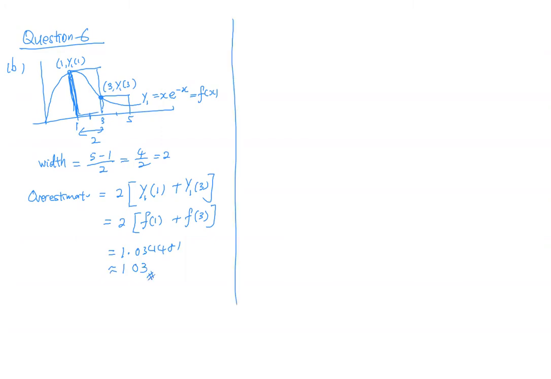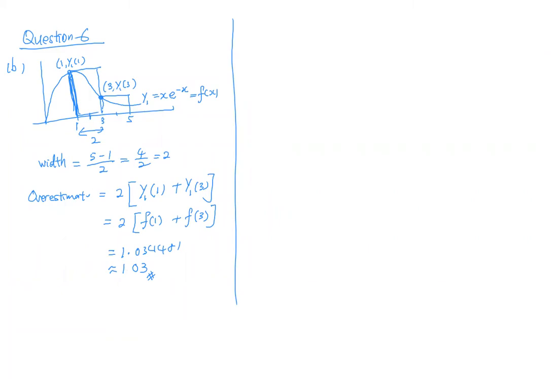Okay, then after that, part B, they say, same thing. Then they ask you to draw two rectangles of equal width to be used in the calculation of the overestimate of the area. That is B part 1, done. A new estimation of the same area can be calculated using 4 rectangles of equal width on the graph above.